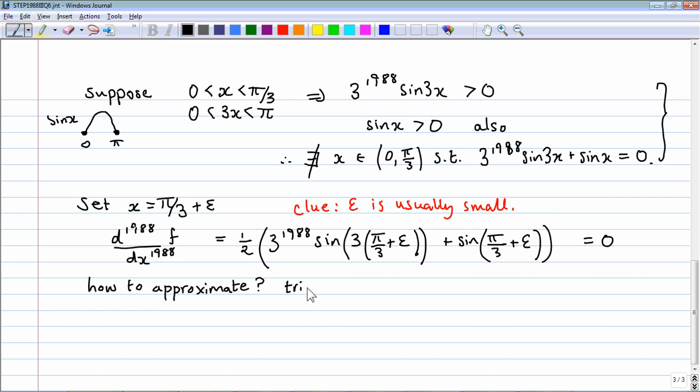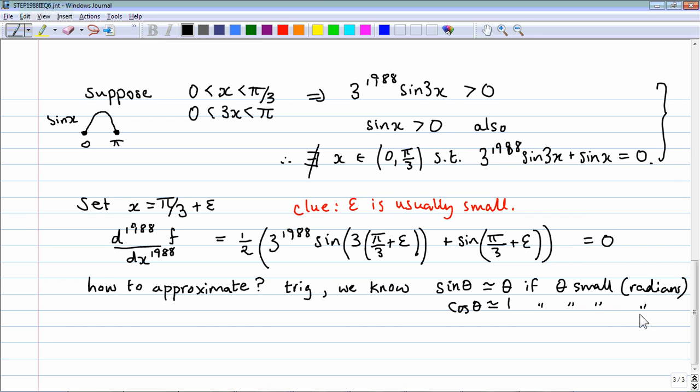In trigonometry, we know approximations for sine theta. Sine theta is about theta if theta is small and in radians. And we also know that cosine theta is about 1 for theta small in radians.